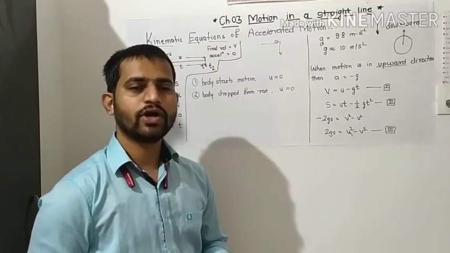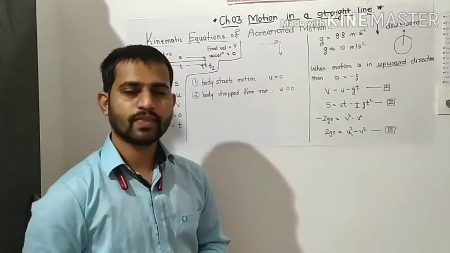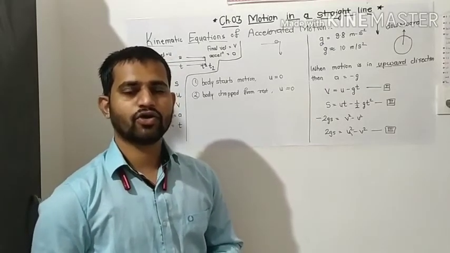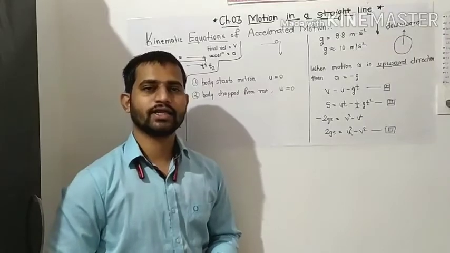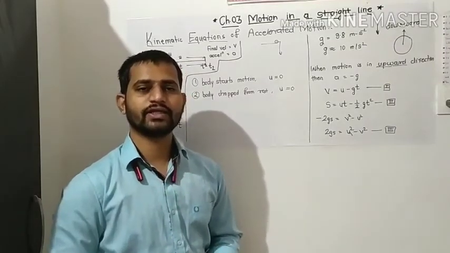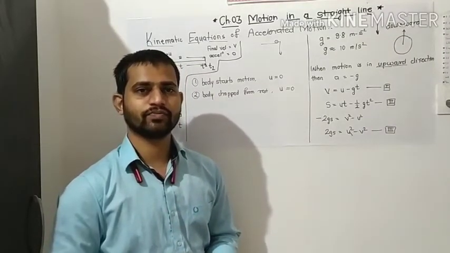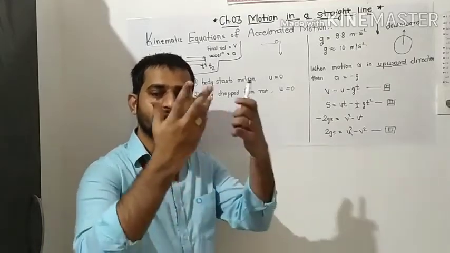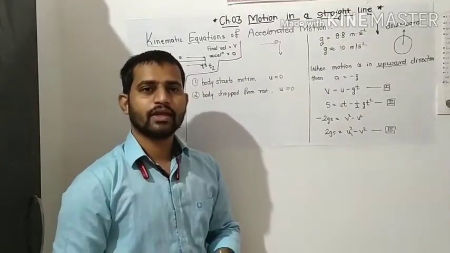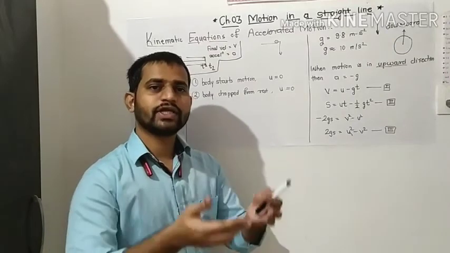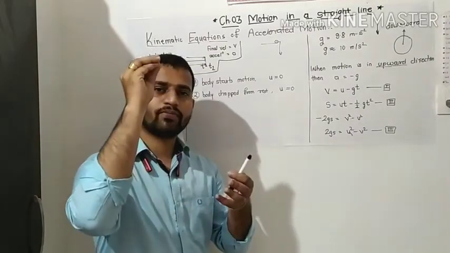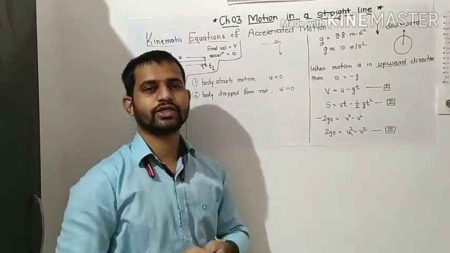Now if the body or the object is thrown upward, then in that case the final velocity is equal to 0, because when we throw the body in upward direction, when its velocity becomes 0, from that point it will start its motion in a downward direction.